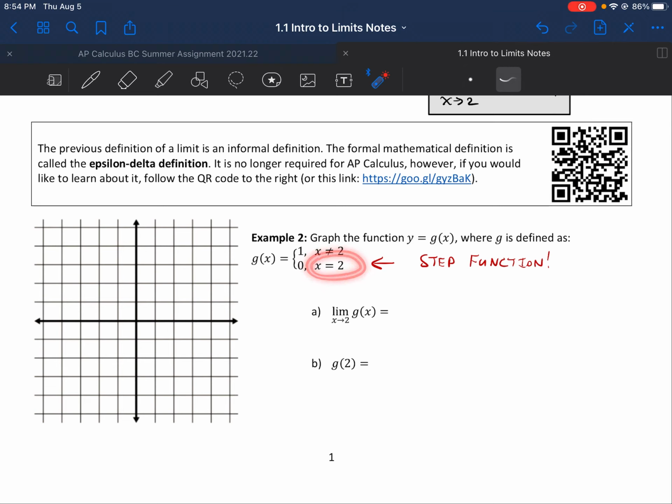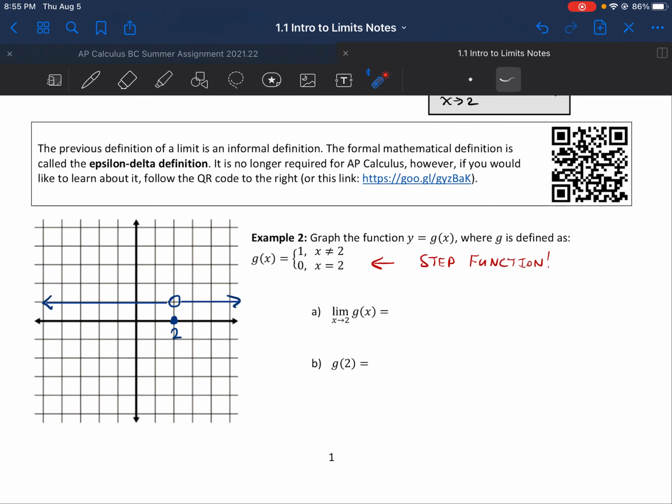So let's go to x equals 2, and let's plot our point at the function value of 0. So that'd be right here. This is our x value of 2, and we can see that our y value is 0. Okay? But everywhere else, except for at 2, the y value is going to be 1.